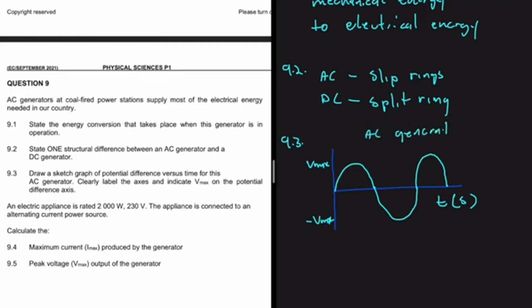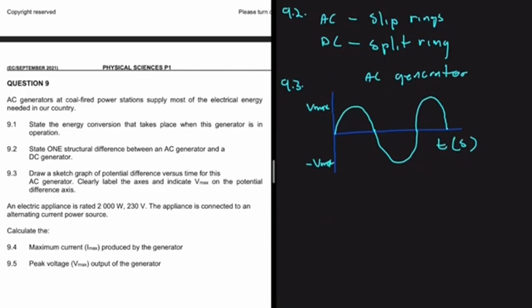It produces alternating current. But like I said, we're answering for both. So for a DC generator, we produce a direct current. So after half a cycle, the current must not change the direction. The current only changes the direction if we have an AC generator. So here, if I just put this axis here and then we sketch it, after this half cycle we're not changing the direction for a DC generator.